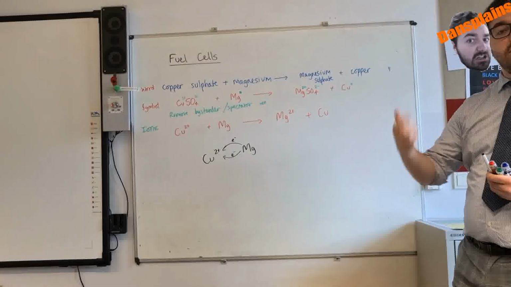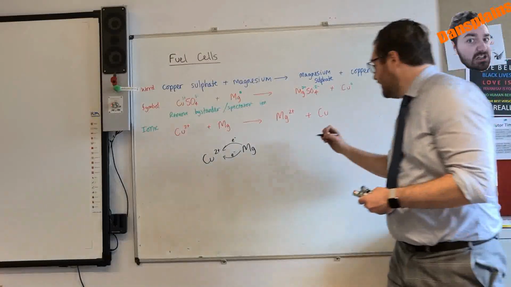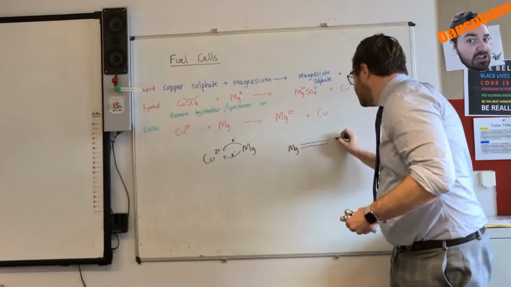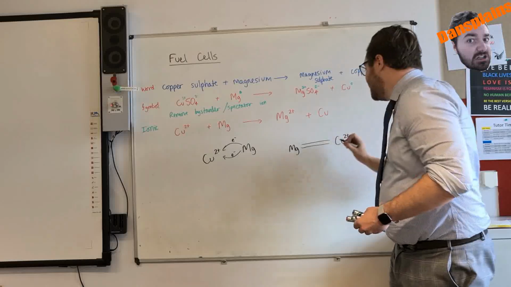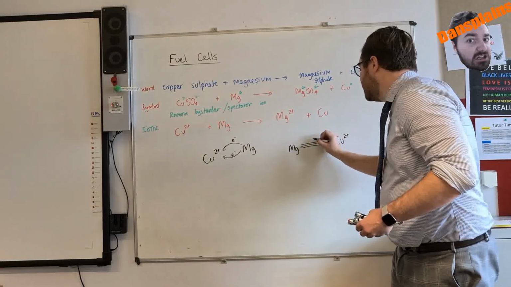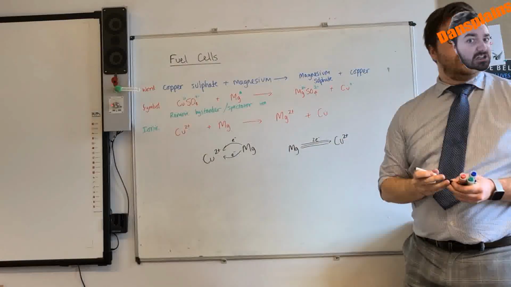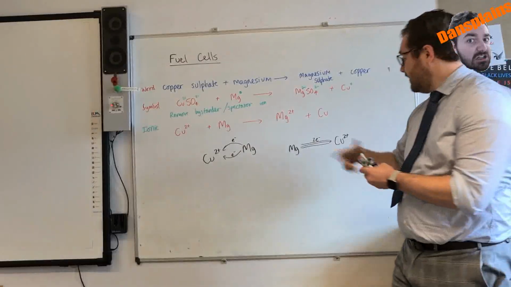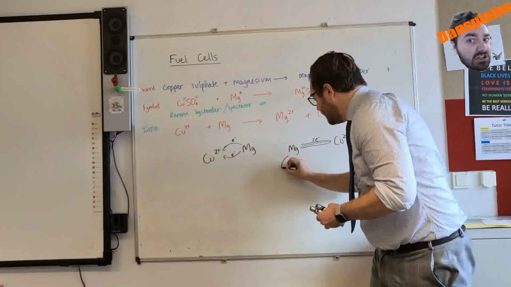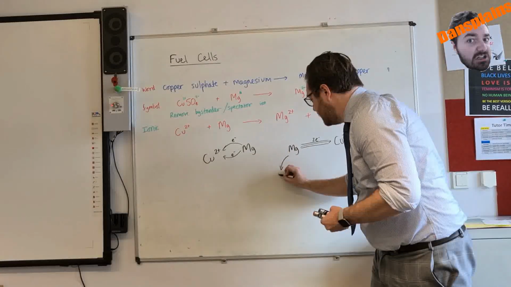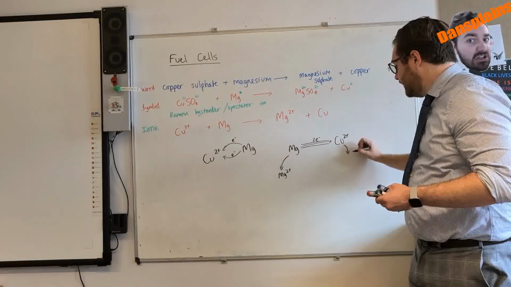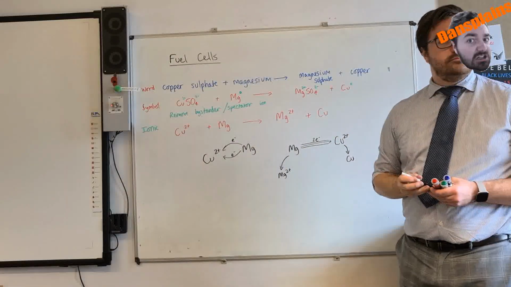Now, a fuel cell's largely the same, except I have my Mg here, I put a wire down it, and then it gives 2 electrons down that wire to my copper. That Mg, by giving 2 electrons, will therefore go into solution as Mg2+, and this copper 2+ will turn into copper.